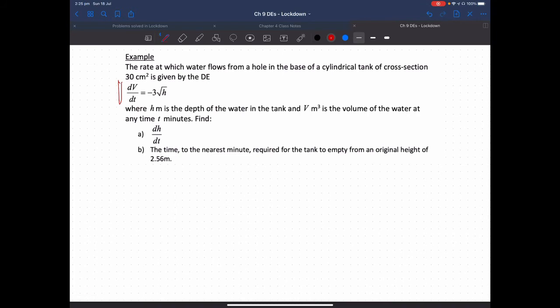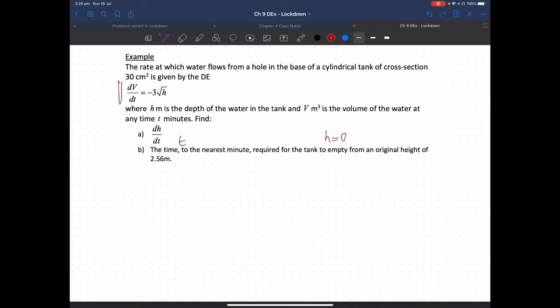Considering the second part of the question, we're told find the time to the nearest minute, so find t required for the tank to empty. Well, if the tank is empty, the height will be 0.